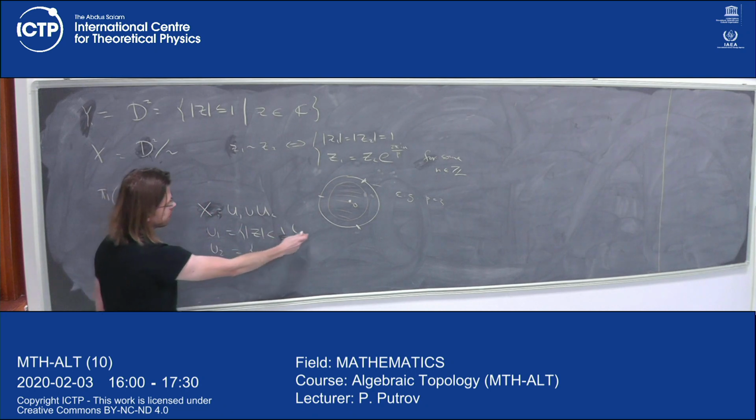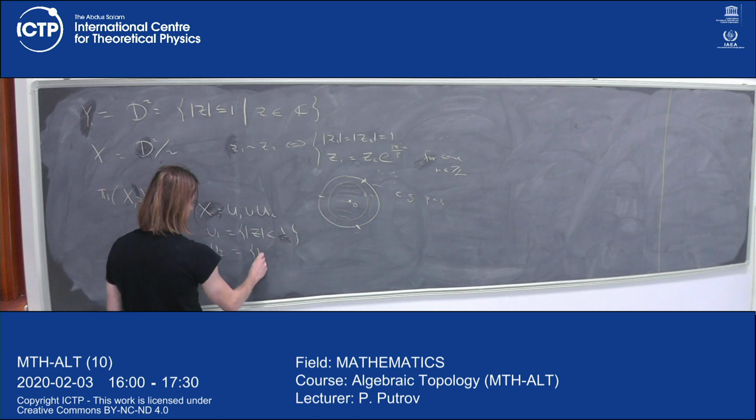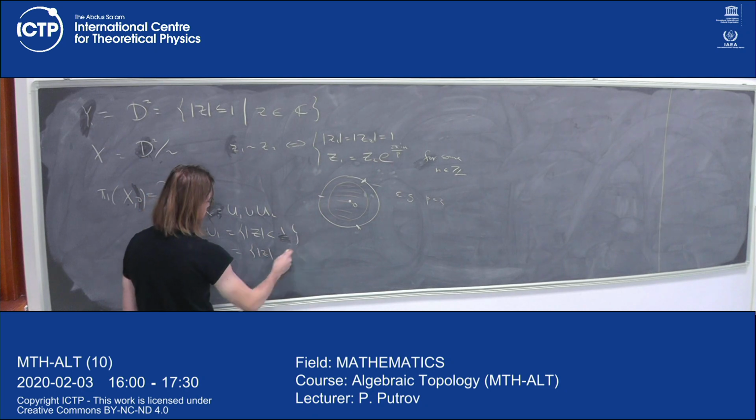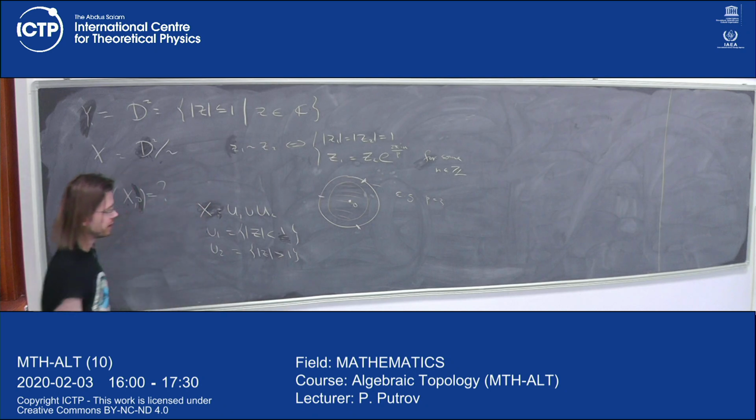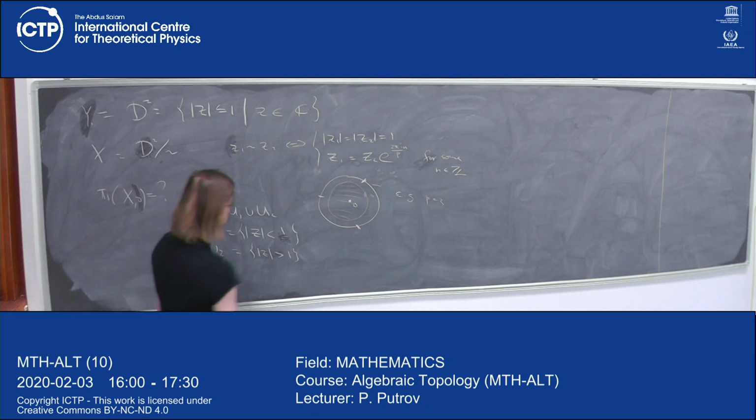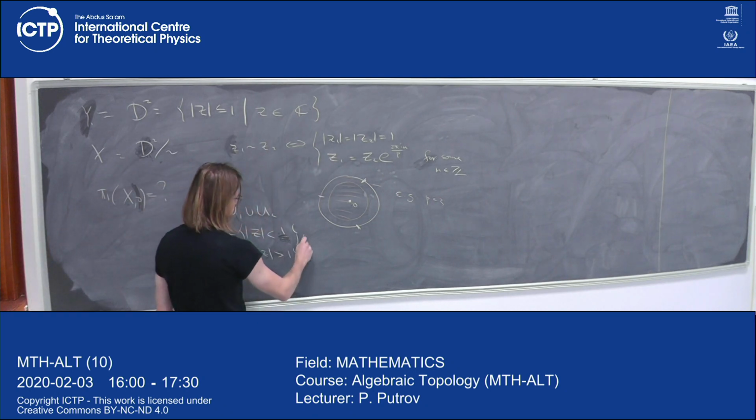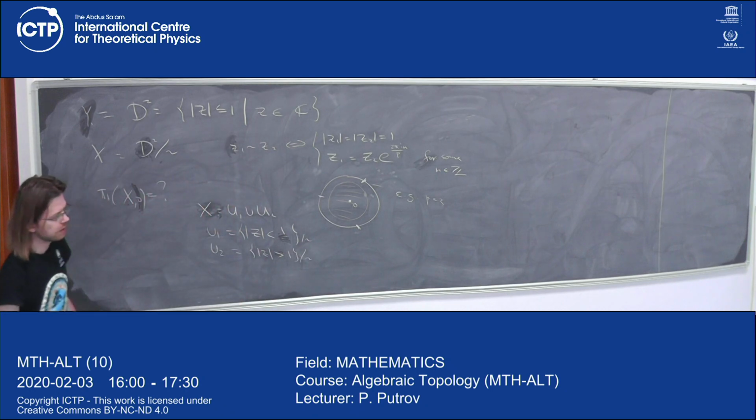I can put any number between 0 and 1, because they are all homotopically equivalent. Of course, I have to quotient by my equivalence relation.